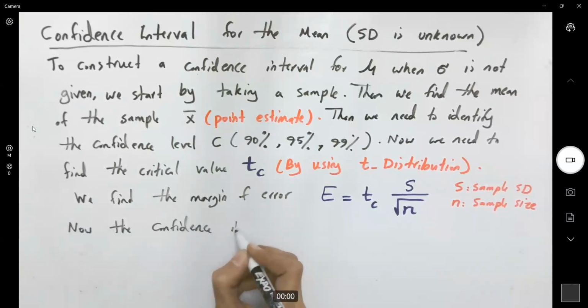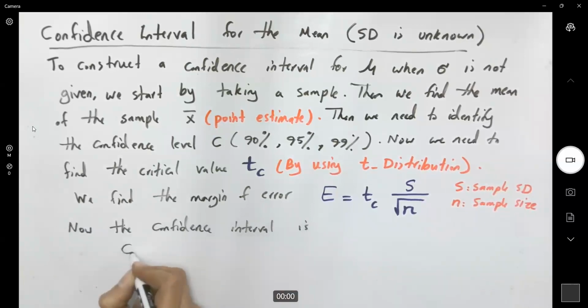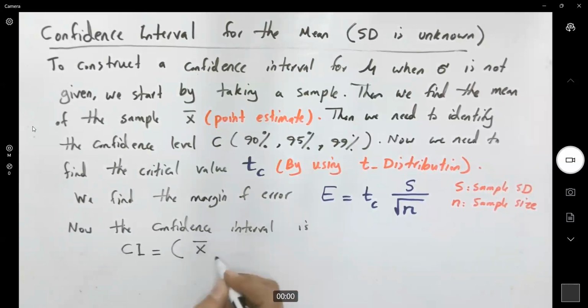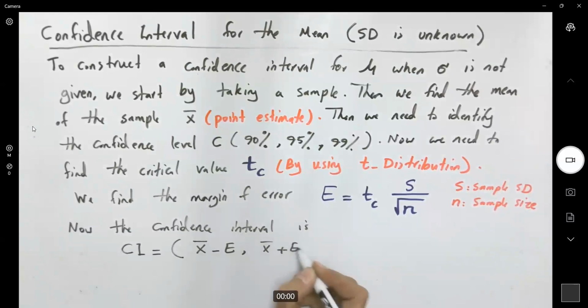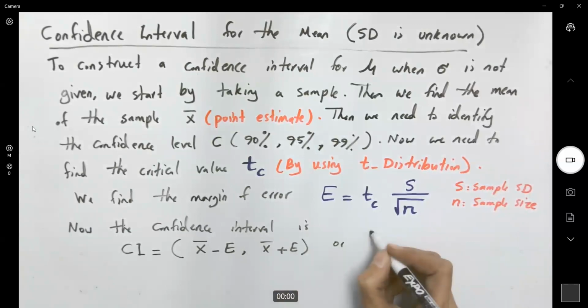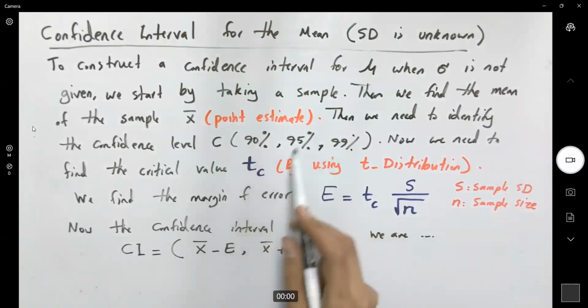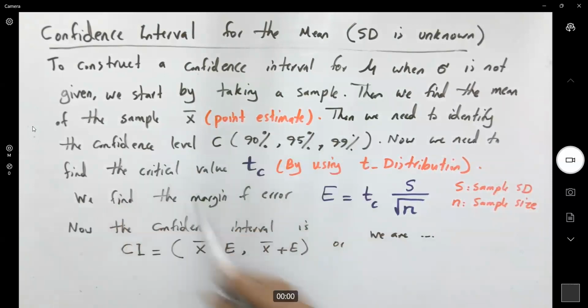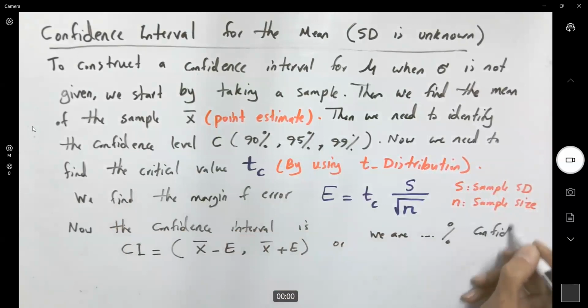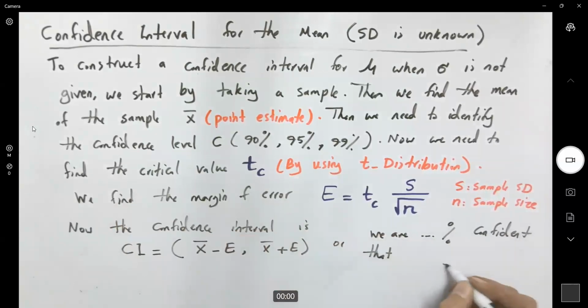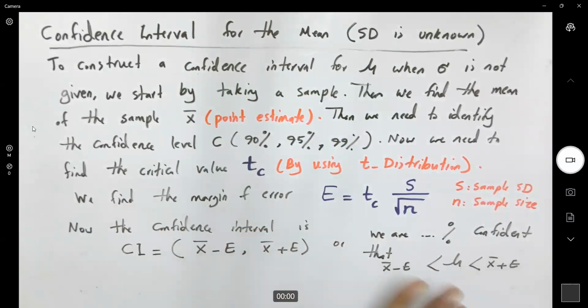The confidence interval is CI equals x bar minus E, comma, x bar plus E. Or we say that we are 90% confident, 95% confident, or 99% confident, depending on the confidence level, that the mean of the population is in between these two numbers, x bar minus E and x bar plus E. These are the steps that we have to take to construct a confidence interval for the mean when the standard deviation is not known.